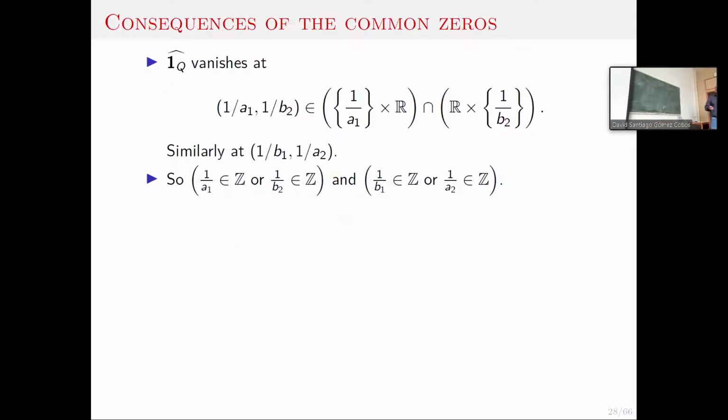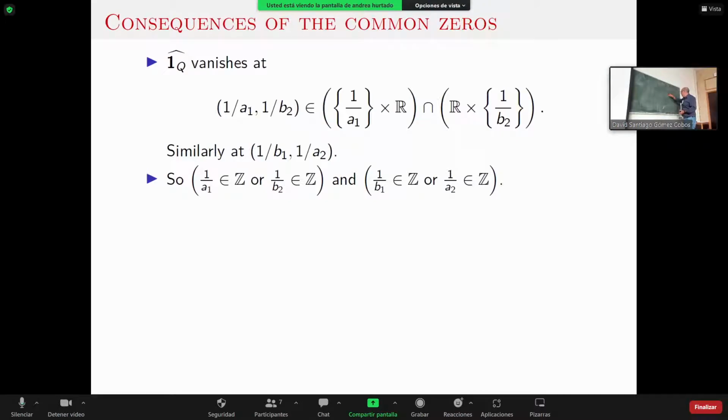Okay. Now let's suppose that we take this point, 1 over a1 and 1 over b2. Now, this point, I claim, vanishes on both 1_A hat and 1_B hat, it's in the zero set of this and of that. Why?